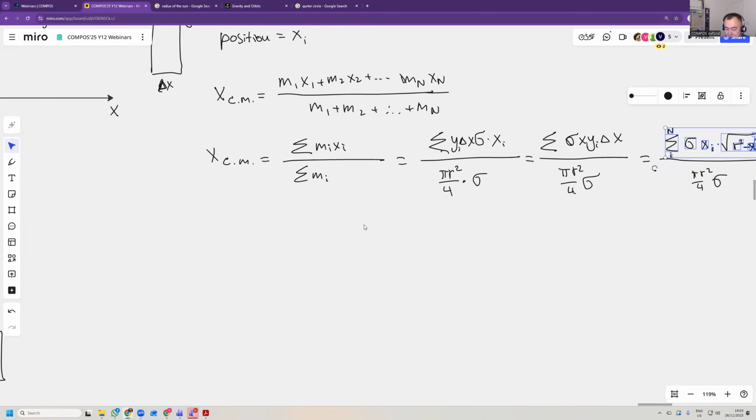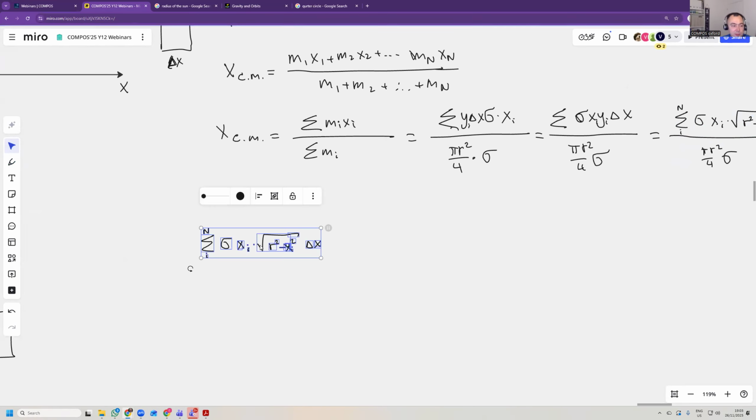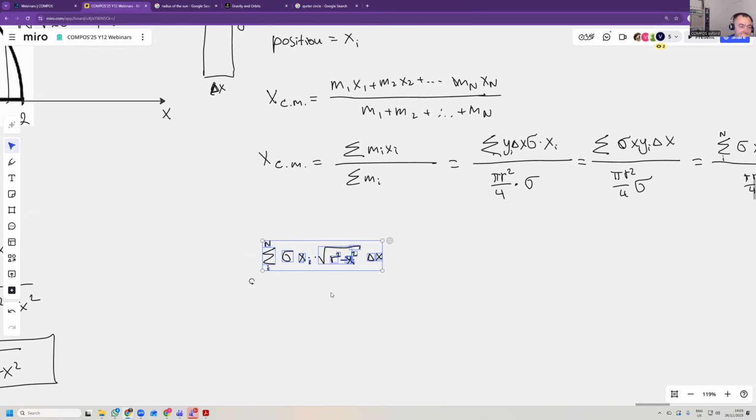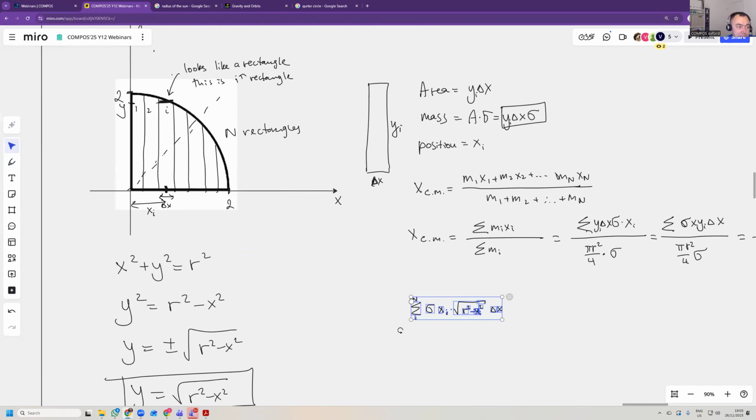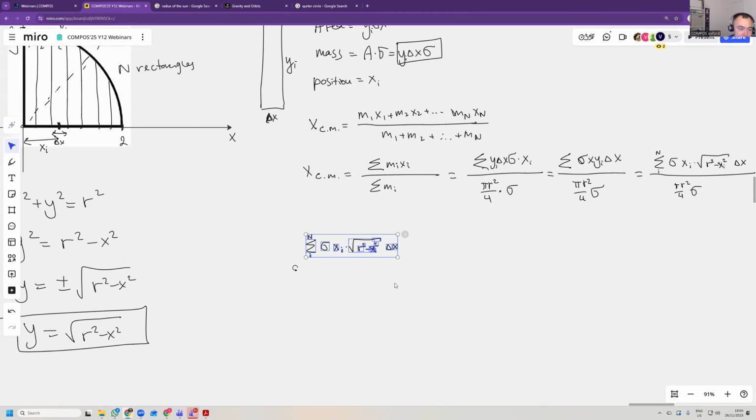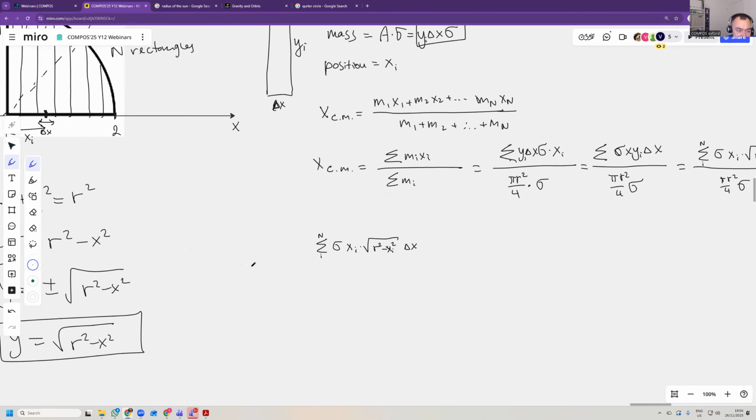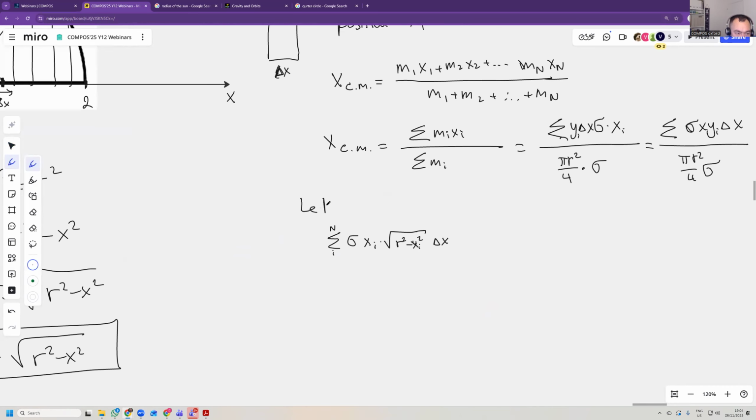So what I do now is make delta x smaller. That means that n is increasing, the number of strips is increasing. So let delta x become very, very small, so n becomes infinity. We're looking for the limit as delta x tends to 0 of this expression.